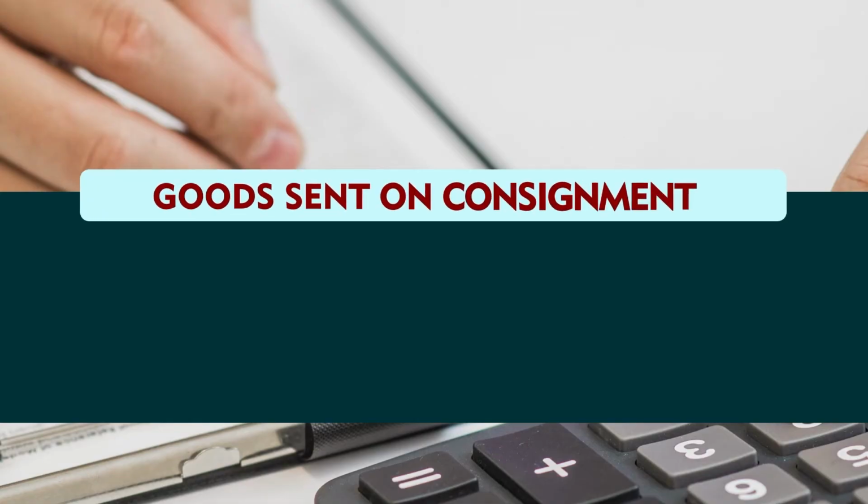When the goods are dispatched by the consignor to the consignee at invoice price, it means that the amount of loading is also involved in the goods sent on consignment.